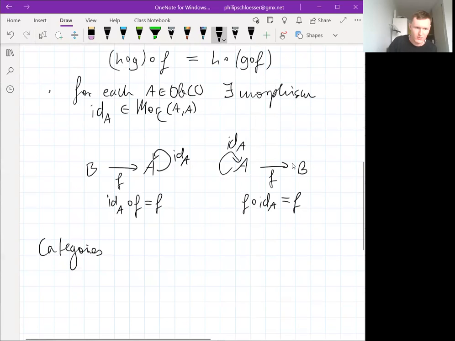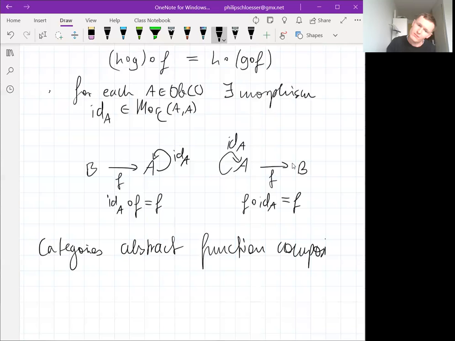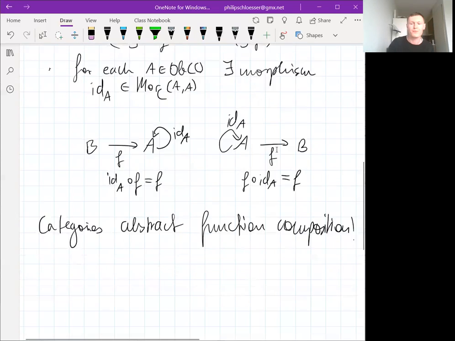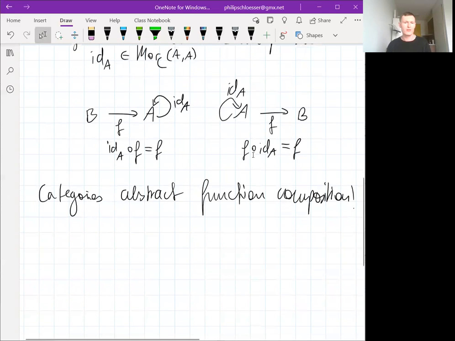Okay, so the slogan is categories abstract function composition. And a general trend in category theory, or when you're dealing with stuff that should be described categorically, is that the morphisms are always the more interesting thing to consider.